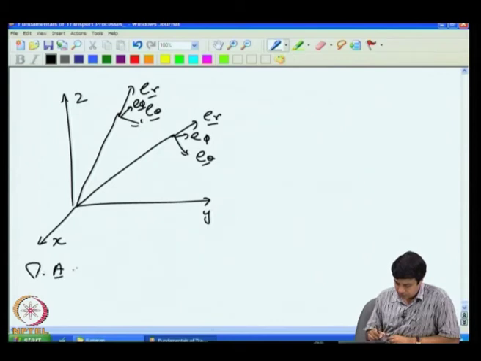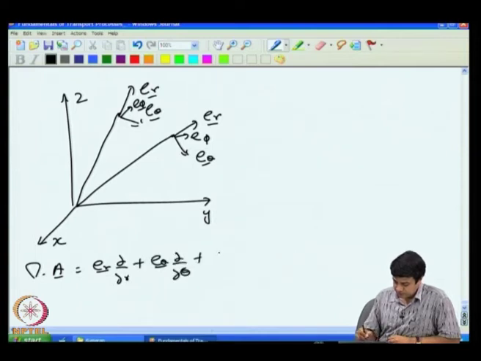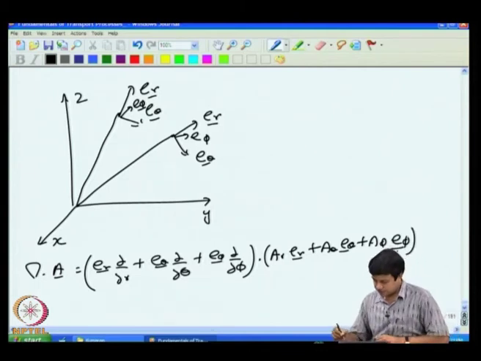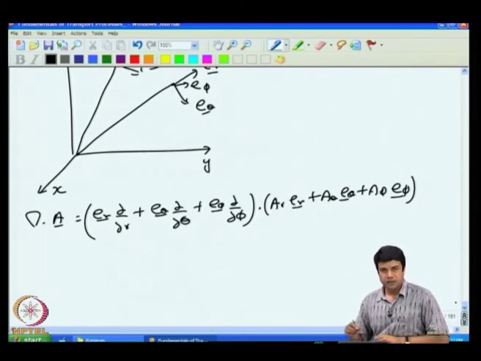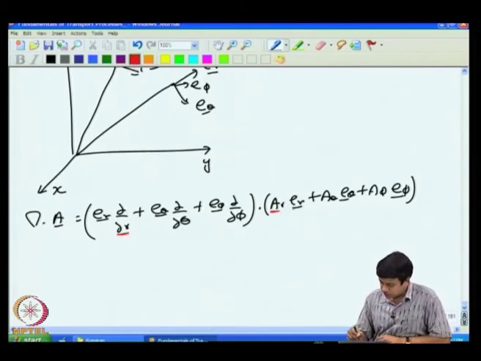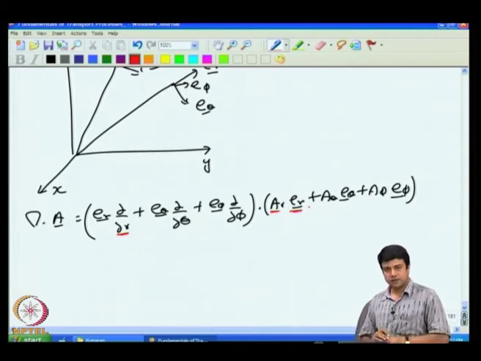del dot A is equal to E_r d by dr plus ... dotted with A_r E_r plus A_theta ... Okay, when I define it in this fashion, I have to take the derivatives both with respect to the component as well as the unit vector, and then take the dot product.